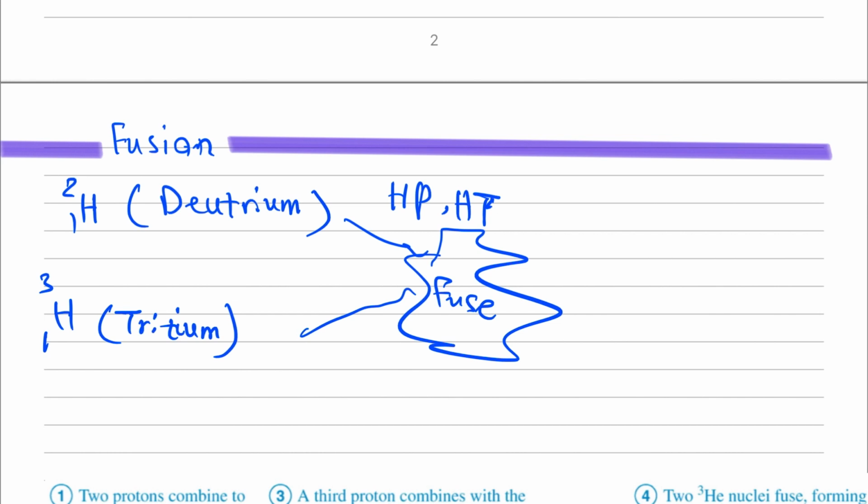Then what we get is a huge amount of energy released, helium-4 and neutrons.